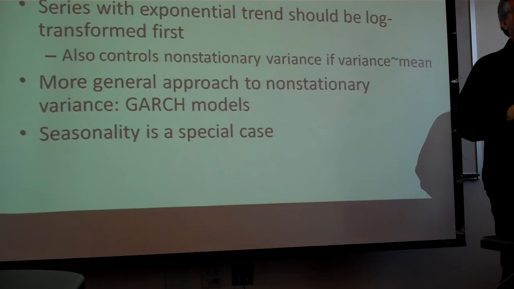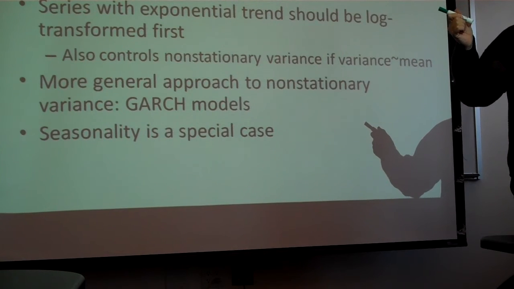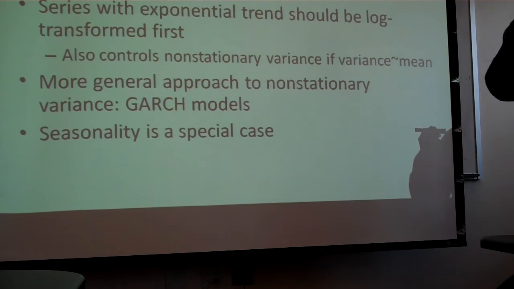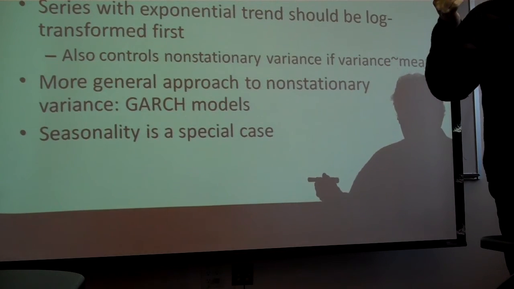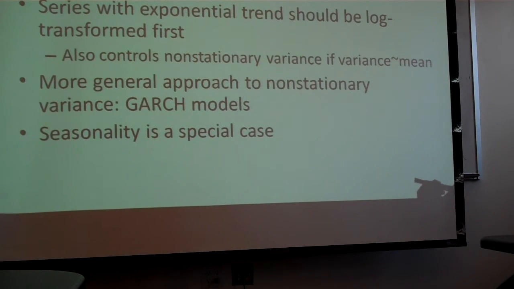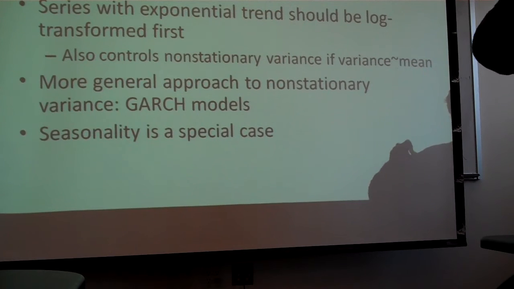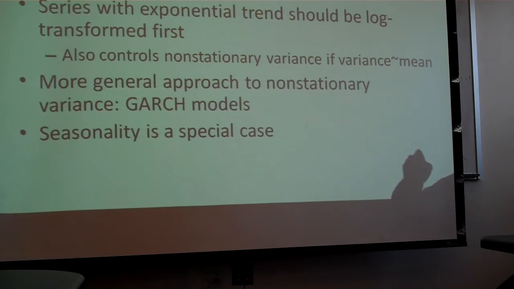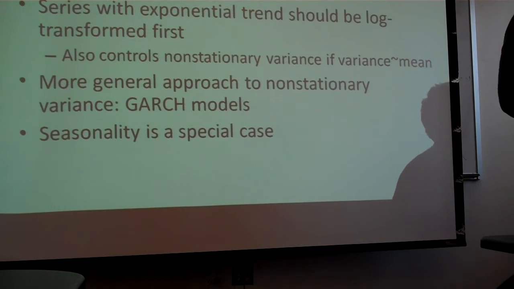If you have a linear trend in the mean, a single difference will turn that into a stationary time series with a constant mean, where the mean of the new series is the average rate of increase, or the average absolute increase, in the original series.